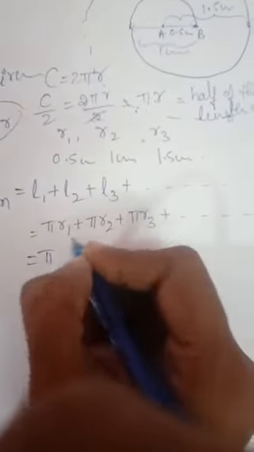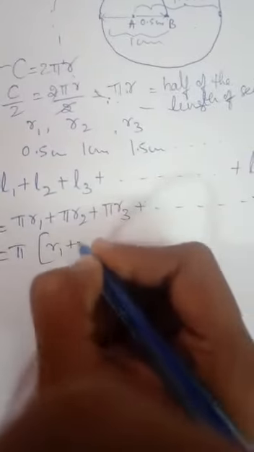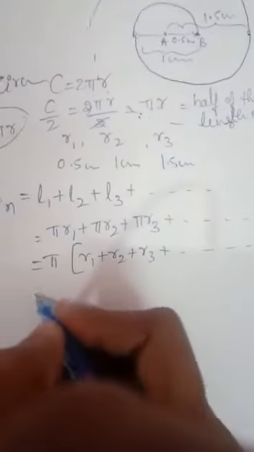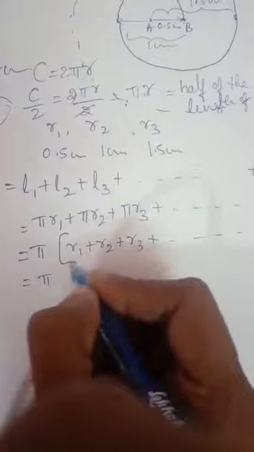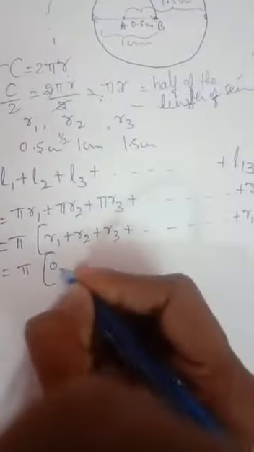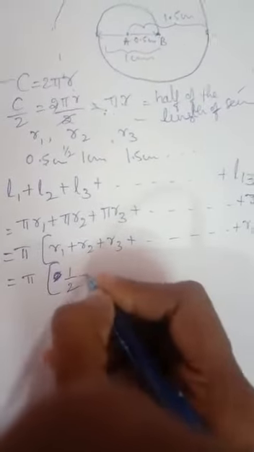Pi is common. Therefore, r1 plus r2 plus r3 and so on up to r13. R1 radius is 0.5 centimeter, which can be written as 1 by 2.